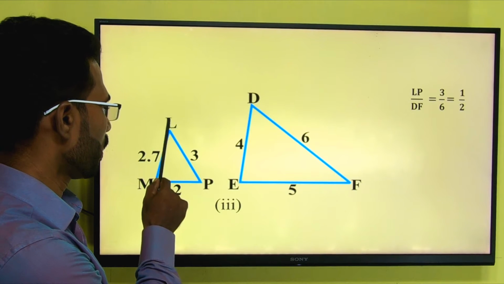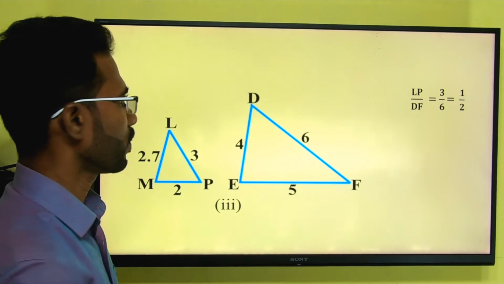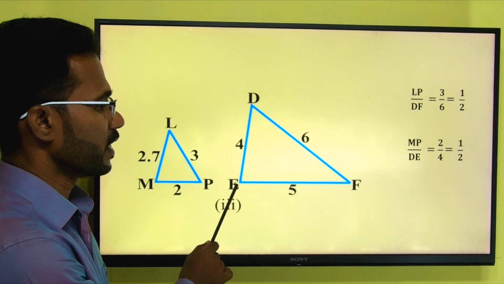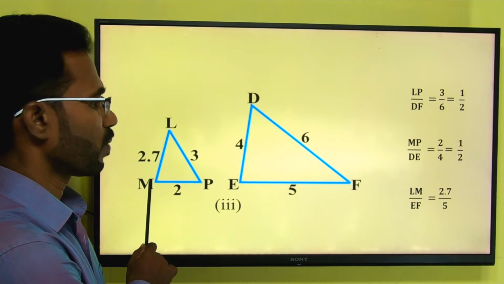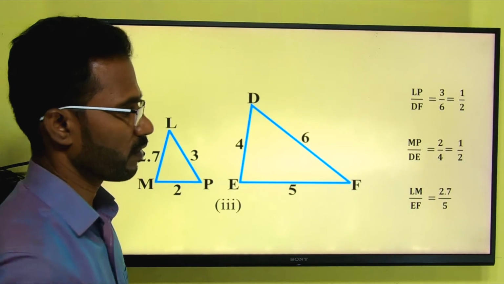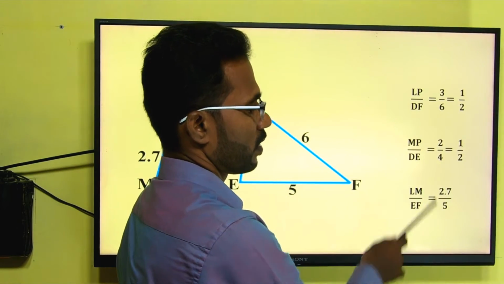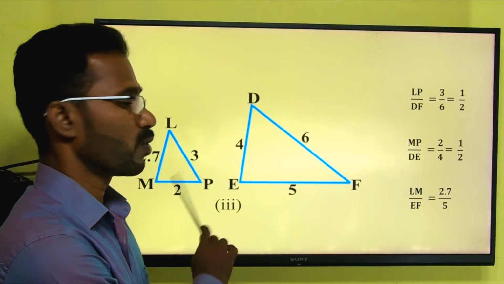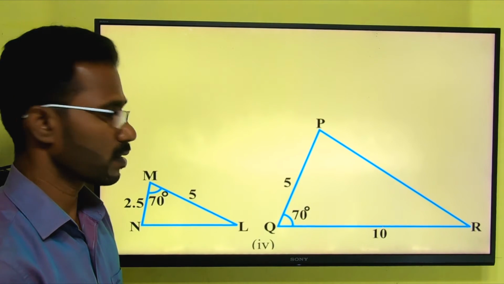LP is 3 and DF is 6, so you'll get 1 by 2, and MP is 2 and DE is 4, therefore you'll get 1 by 2, but LM is 2.7 and EF is 5, so 2.7 by 5. The sides are not in equal proportion, therefore both triangles are not similar.